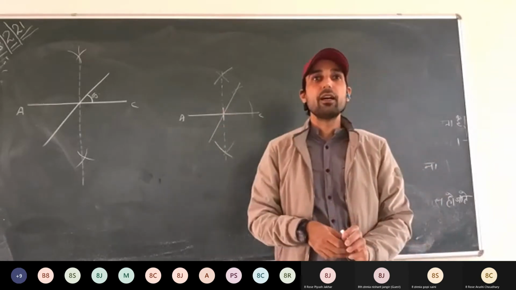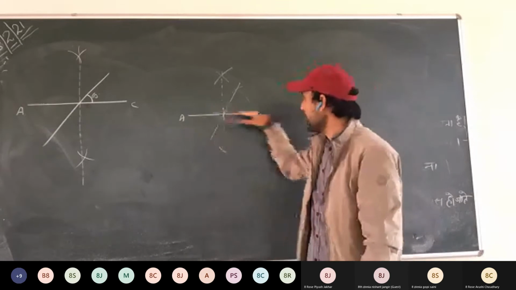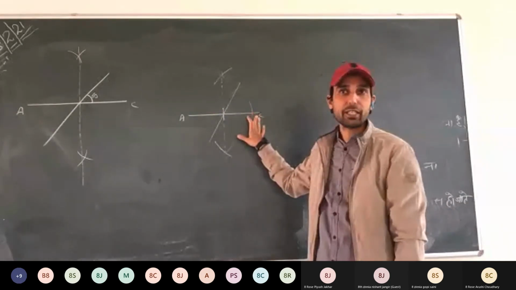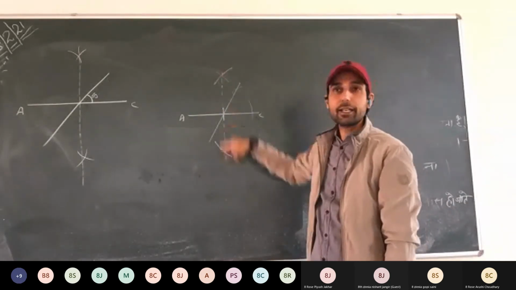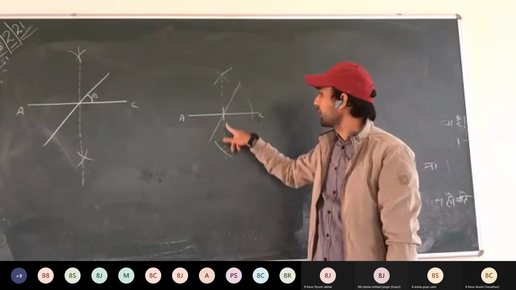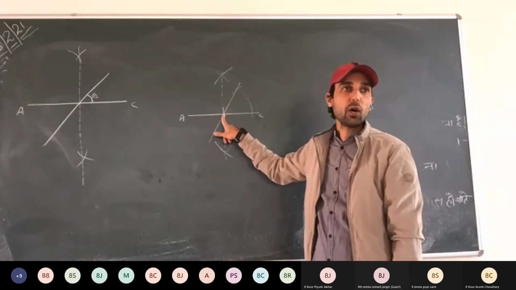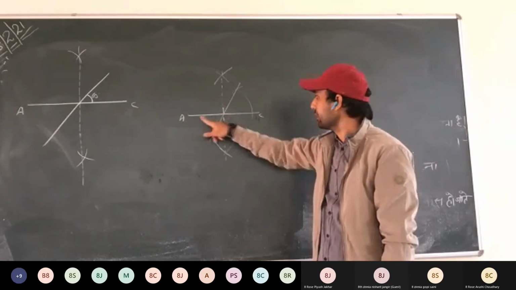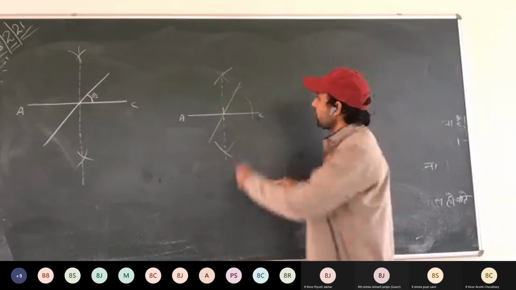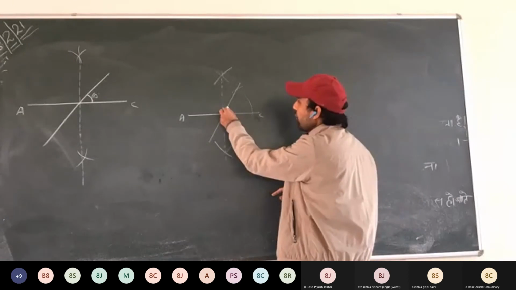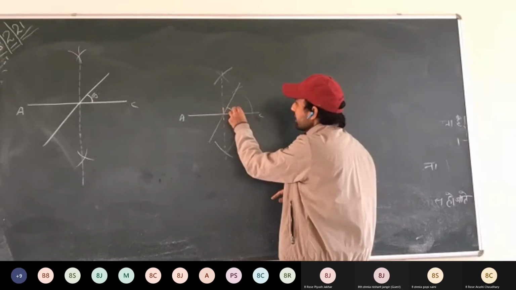Just minute by minute. First, you have drawn a line AC of 6.5 centimeters. We bisected the line. We got the midpoint. The diagonal has to pass through it, making an angle of 60 degree with AC. So first we have drawn an angle of 60 degree.